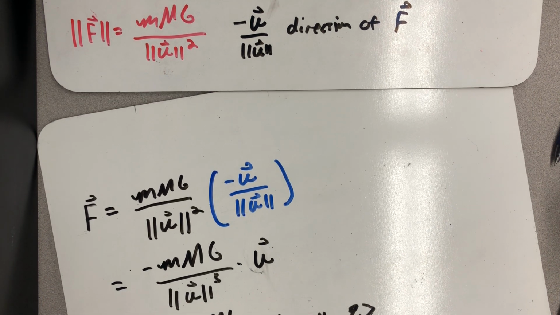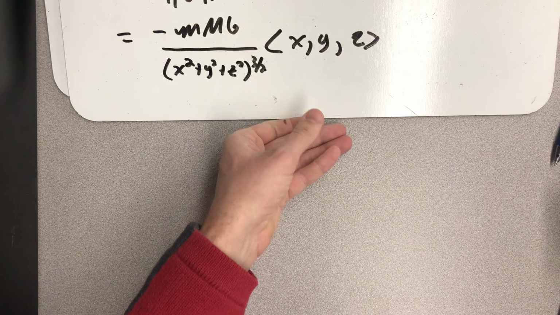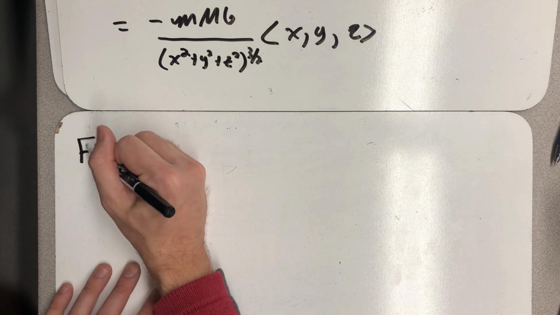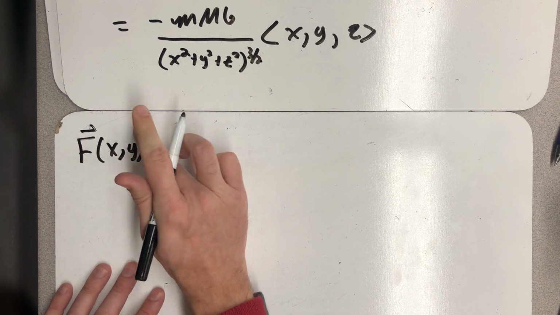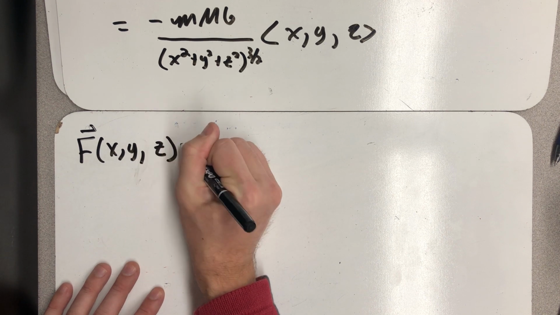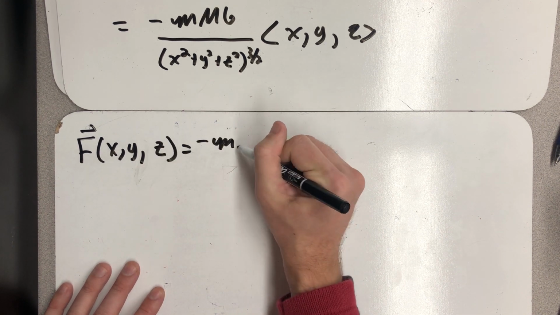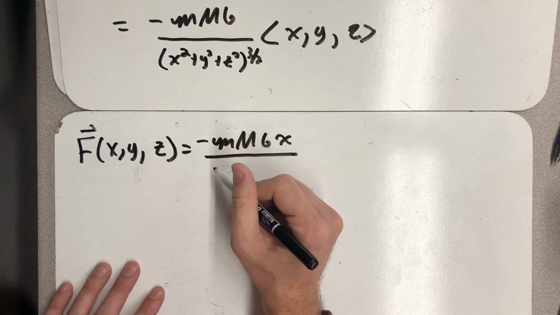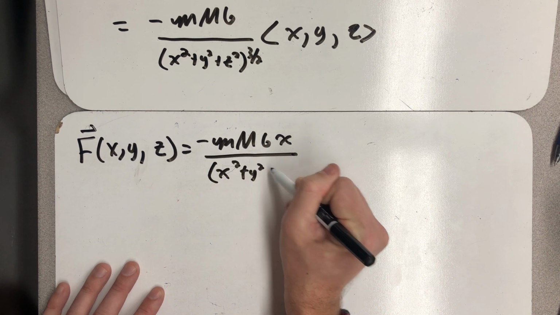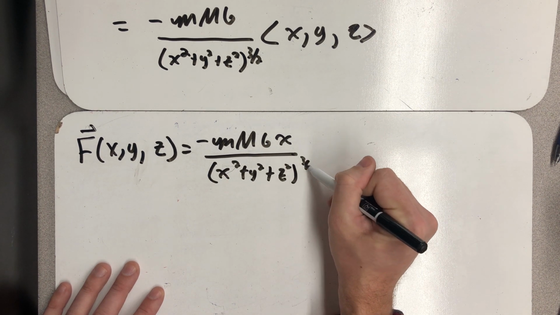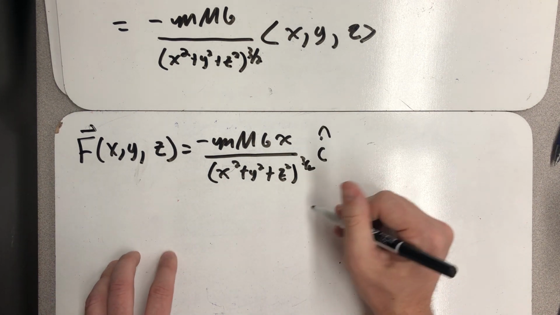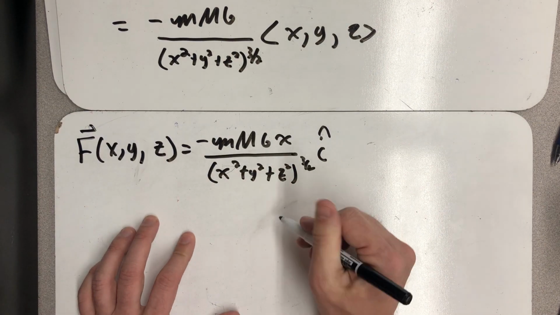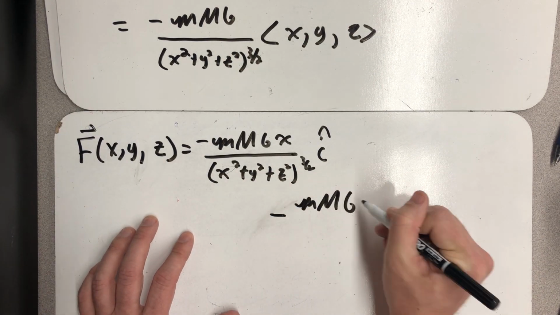And so now finally, I can write down that vector field the way I like to see it written down. In the i direction, I just have all that stuff. In the j direction, I have now that distributed, so minus m M G y.